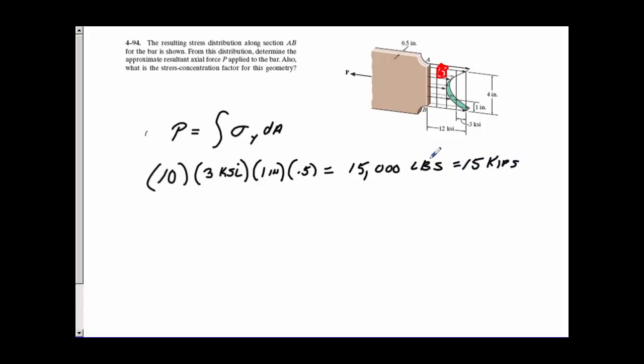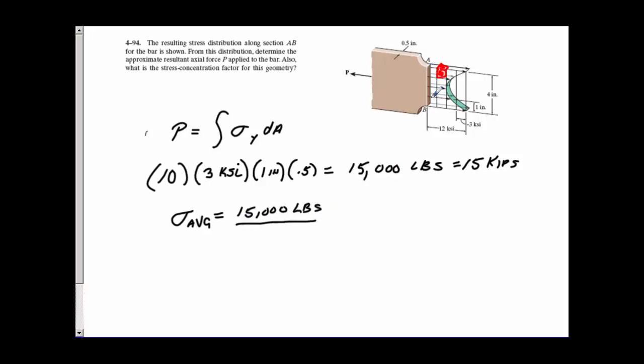That's all you're going to do if you have a test problem like that. Now all you're going to do is find out what the average stress is going to be. The average stress is going to be the 15 kips, or 15,000 pounds, divided over the cross-sectional area that this load operates.